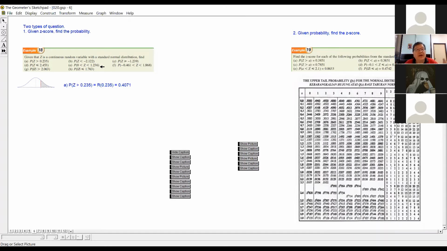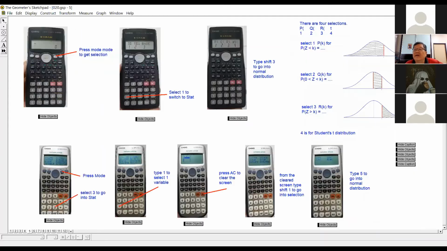Now for this one, do you use P, Q or R inside your calculator? Less than, which one? R is greater than. P is less than.